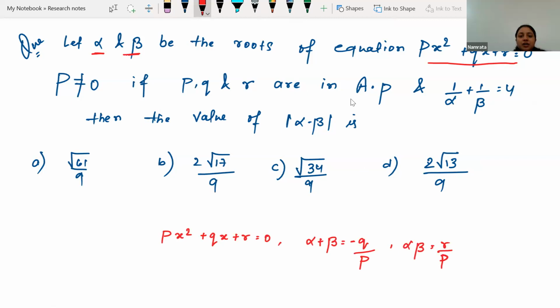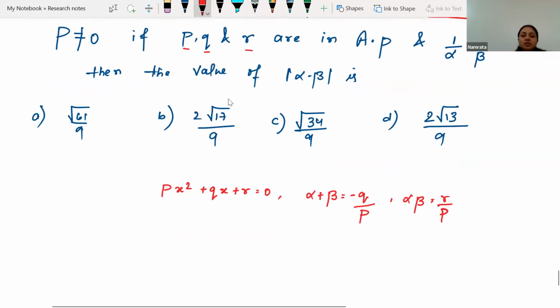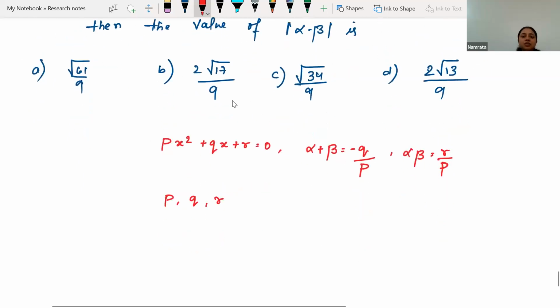Okay, we know the sum of the roots, we know the product of the roots. If p, q, r are in AP, so they are in arithmetic progression, then what can be written for the arithmetic mean?